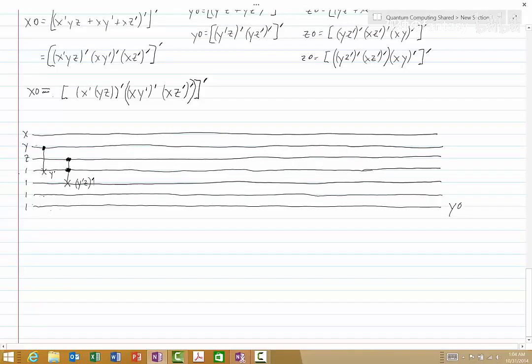So we have created the Y prime Z NANDed together in just this way. And having seen that, I'm sure you can see how we can get Z prime Y as well. Let's first do the Z prime. So we can construct Z prime like this. That would give us Z prime here.